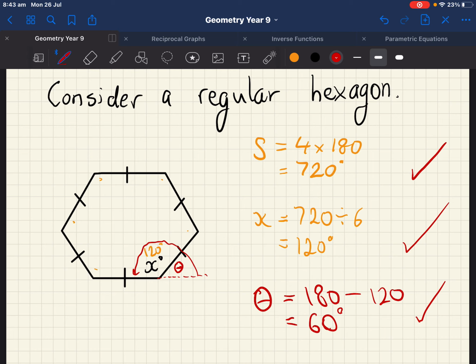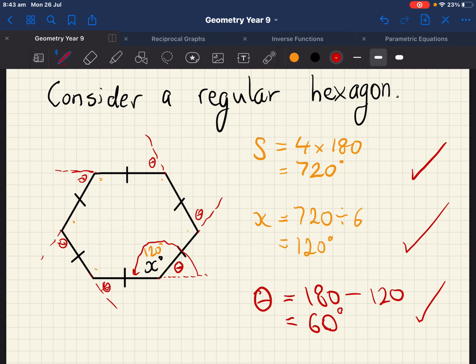The exterior angles, for any polygon, if you create exterior angles all the way around, in this case, we had a 6-sided shape, so there's 6 exterior angles. The exterior angles will always add up to 360 degrees.